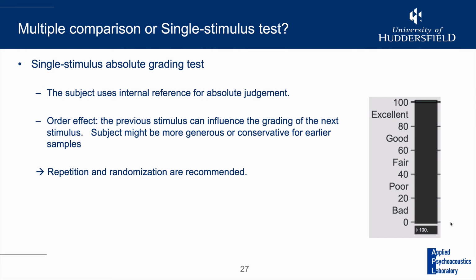The subject might be more generous or more conservative for earlier samples in the earlier part of the test, and as the test goes on, the subject might become more critical. So repeating the same condition several times in a randomized order is always recommended. Then you can minimize this kind of order effect. And if you randomize the conditions across all subjects, then this error can also be reduced further.